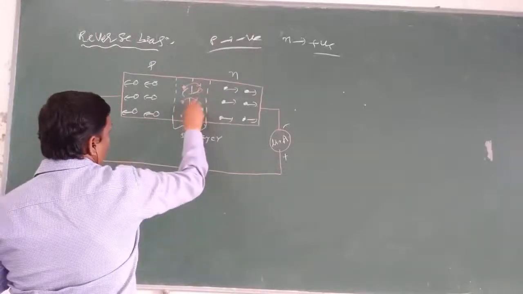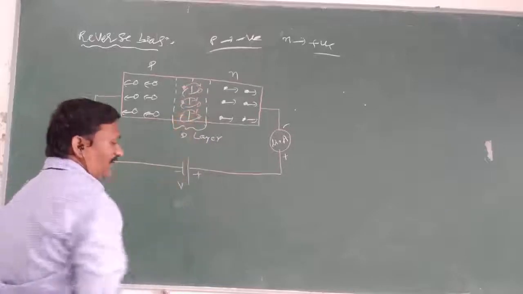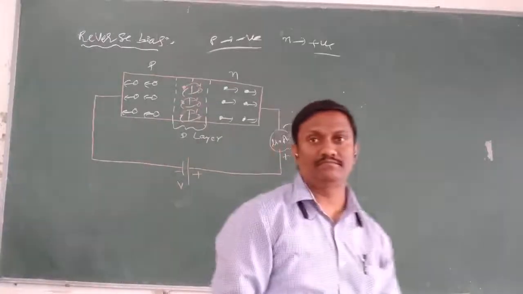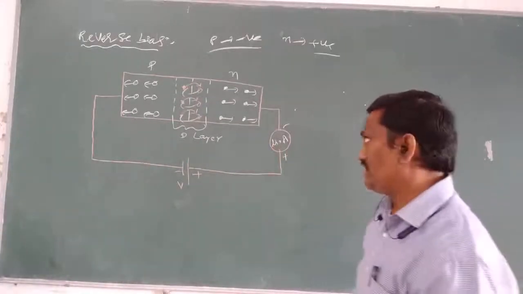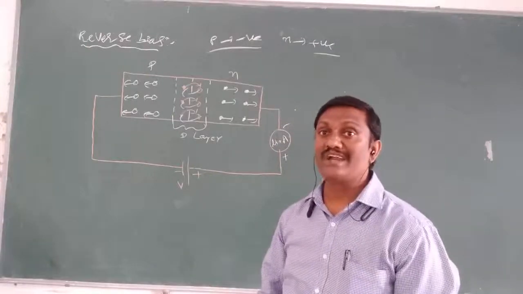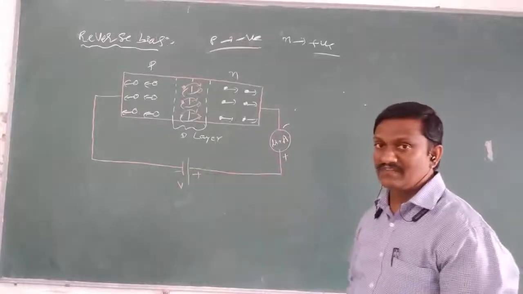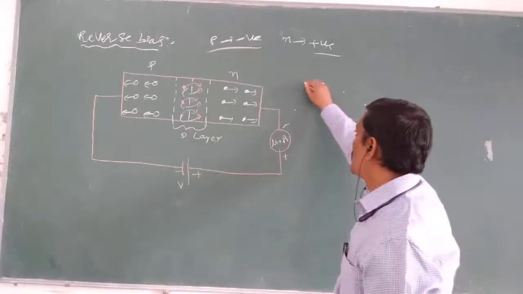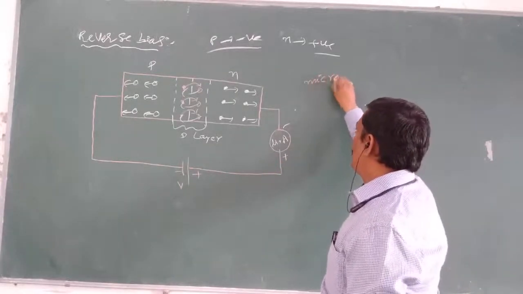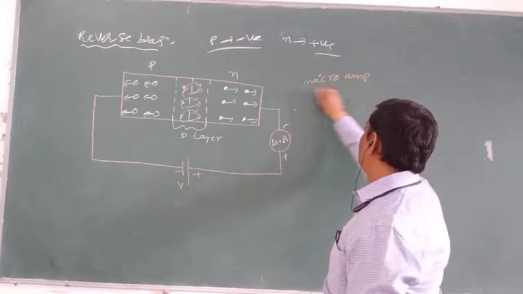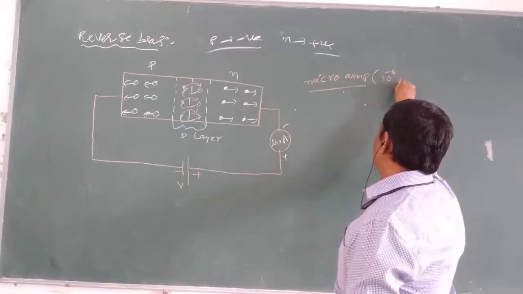So in reverse bias, only minority carriers cross the junction. So current conduction takes place through minority carriers, in the order of microamperes, 10 power minus 6 amperes.